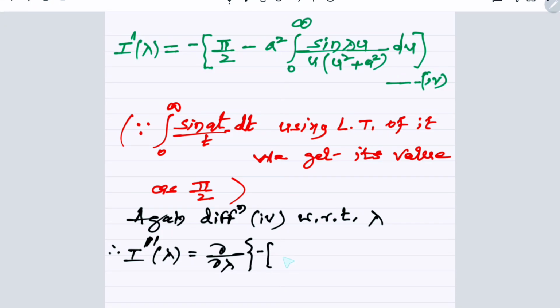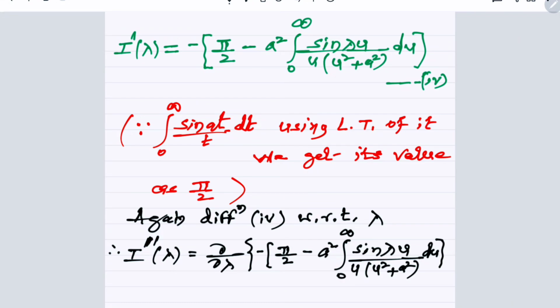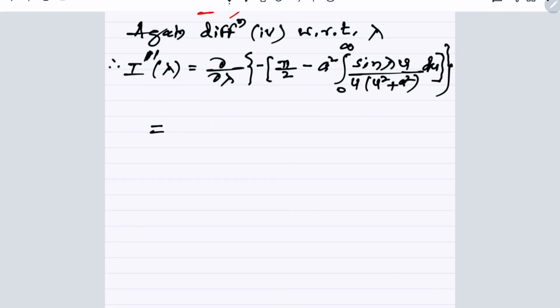Therefore, write down that term as it is, minus pi by 2 minus a square integration from 0 to infinity sin lambda u divided by u into u square plus a square, and then its integration with respect to u. Bracket close. The derivative of the constant term is 0.